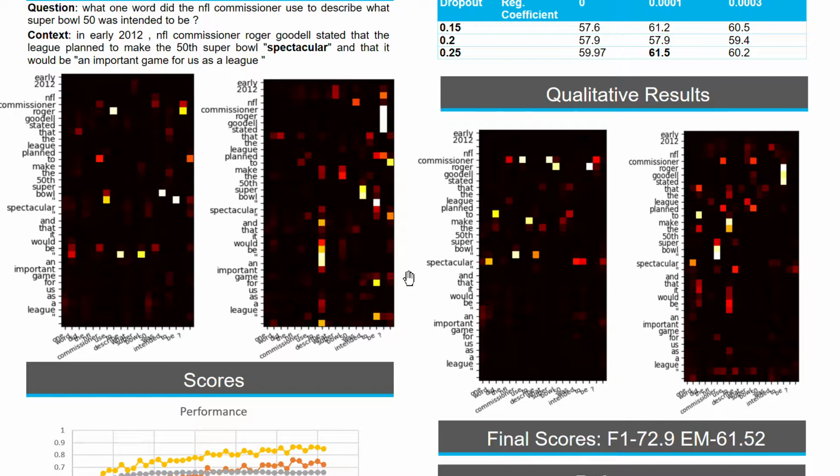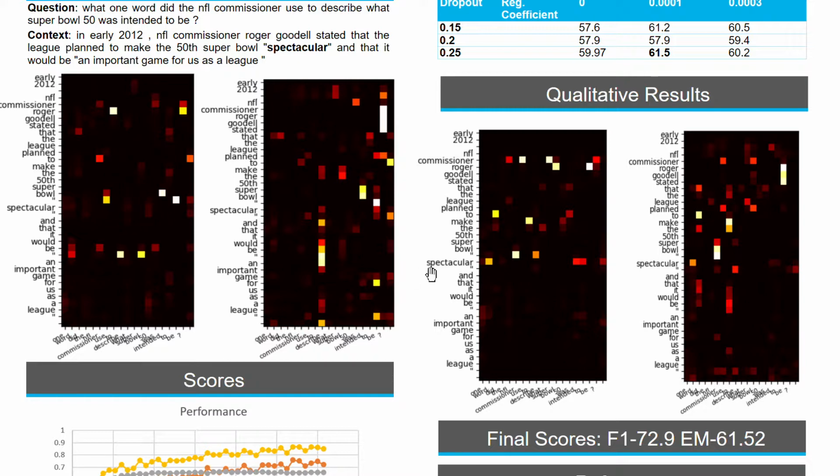Right here, it's paying strong attention to the part of the context that's talking about the NFL commissioner and the word spectacular, in both the context to question and the question to context, and it barely pays any attention to the second quotation, which indicates that it is actually learning that this is the answer with a little more confidence.